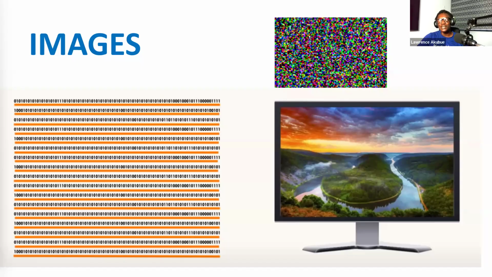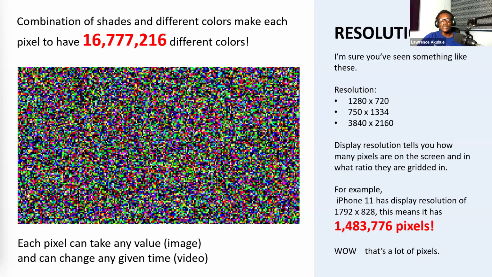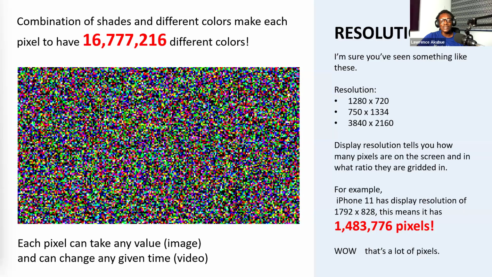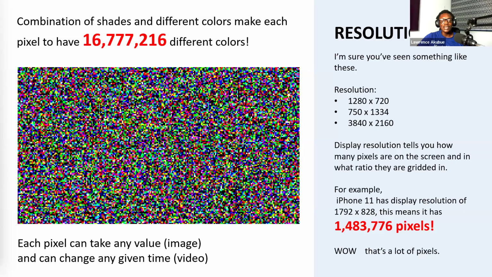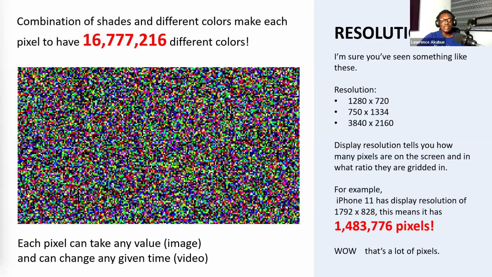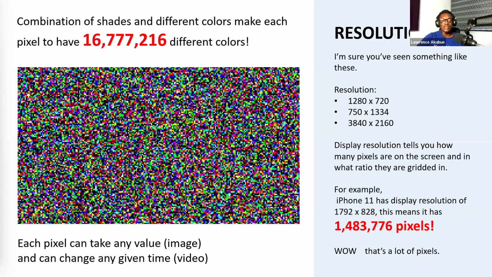It's a bunch of ones and zeros, arranged in certain pixels. So about the iPhone, if you look at the right-hand side, if they say an iPhone 11 has a display resolution of 1792 by 828, it means that if you multiply it, you have about 1,400,000 pixels. That's a lot of pixels. That's what it means.